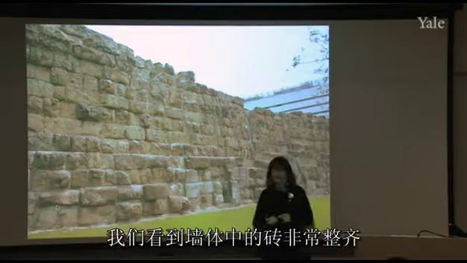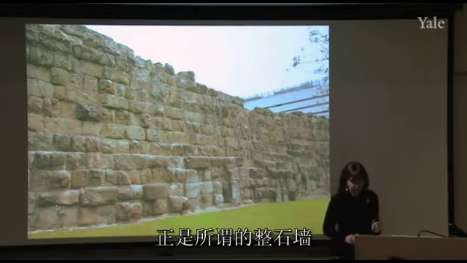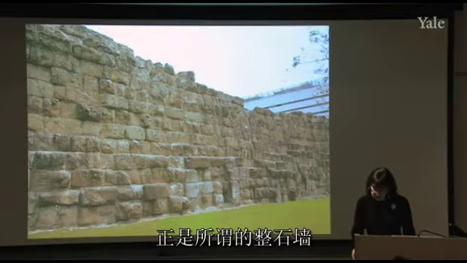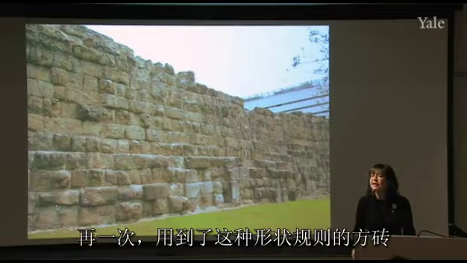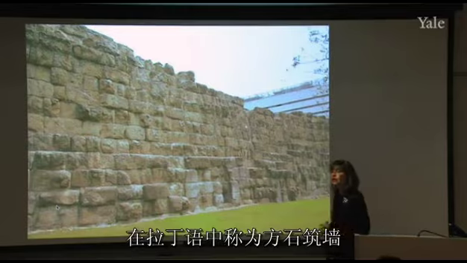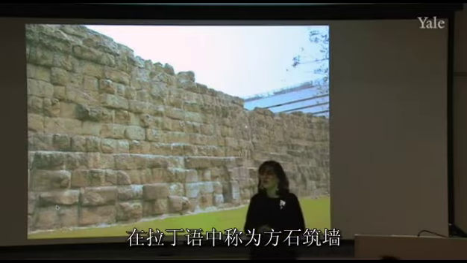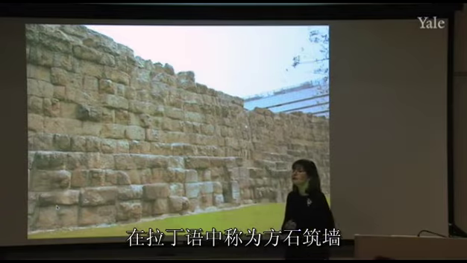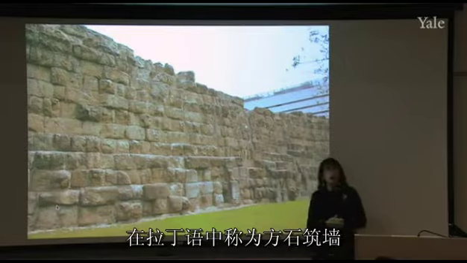And we can also see that the blocks are quite regular. We are dealing with what we call ashlar masonry. Once again, the same kind of construction, this placement of these fairly regular blocks, one next to one another and one on top of one another, ashlar masonry. In Latin, the term is opus, O-P-U-S, quadratum, Q-U-A-D-R-A-T-U-M, opus quadratum.